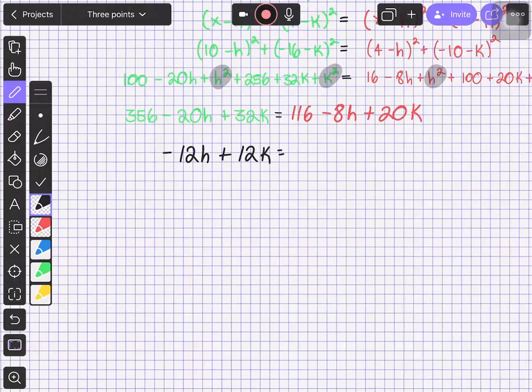And 116 minus 356 is negative 240. And this is our second equation.